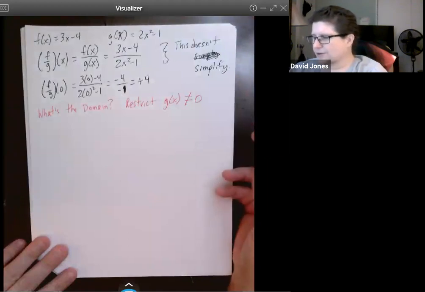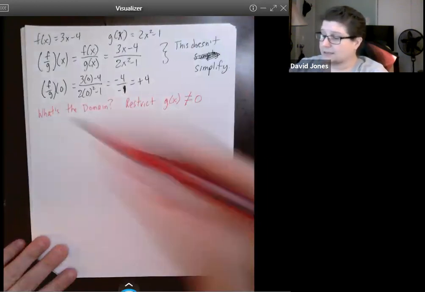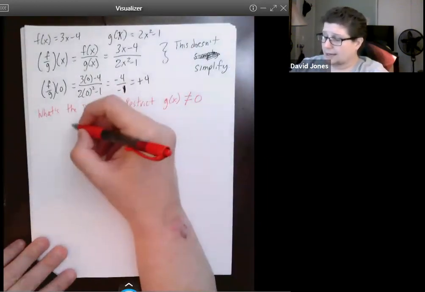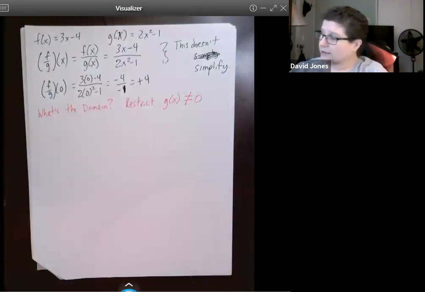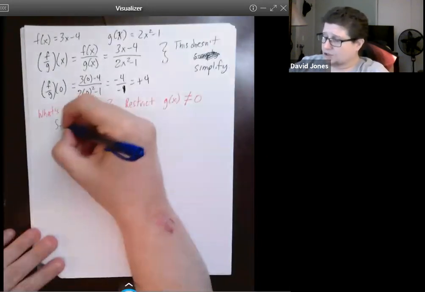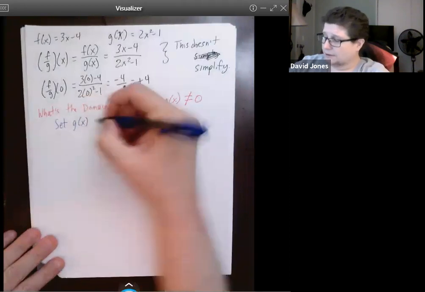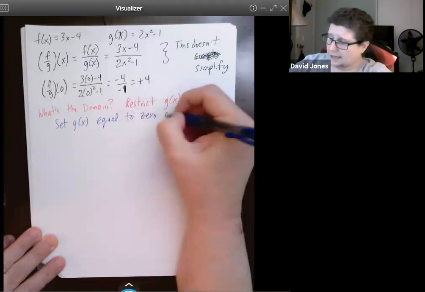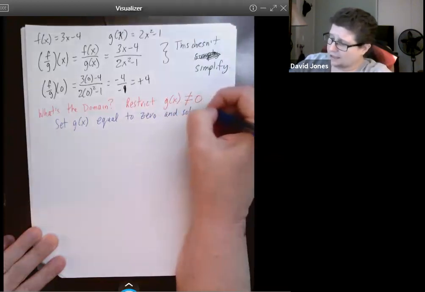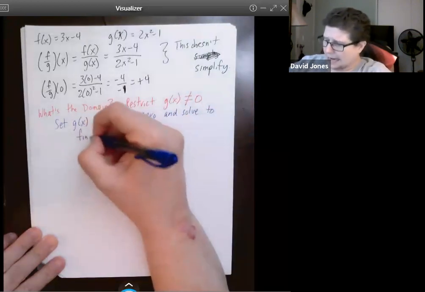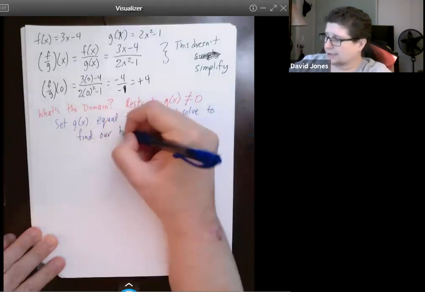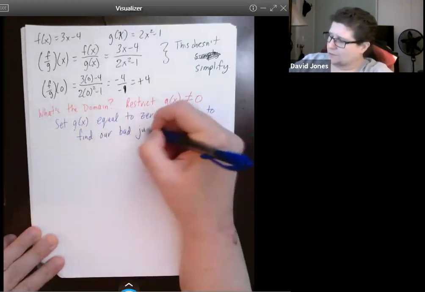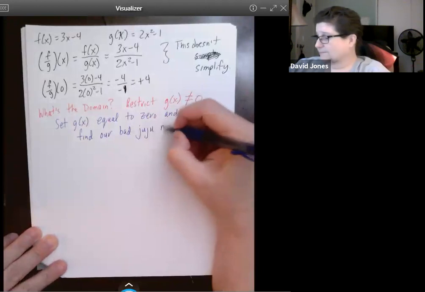And the easiest way to do that is to figure out what that is by setting it equal to 0 and solving. So set g of x equal to 0 and solve to find our bad juju numbers. Bad juju numbers make the denominator 0.